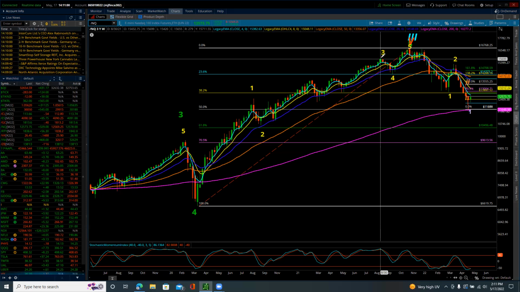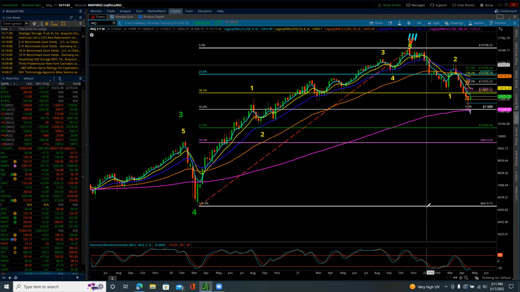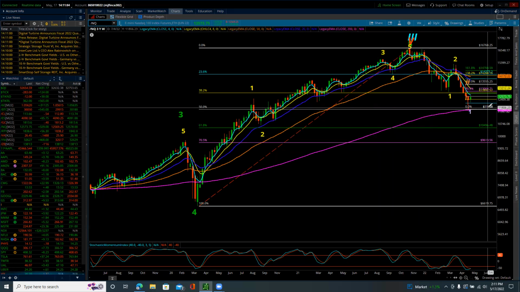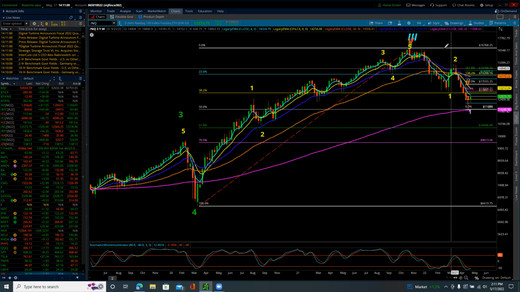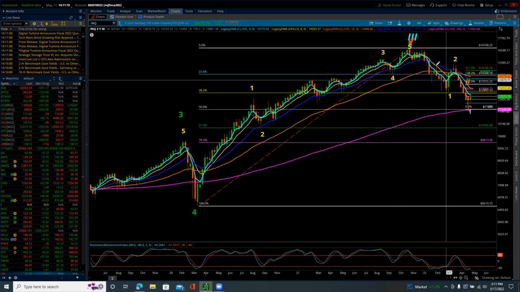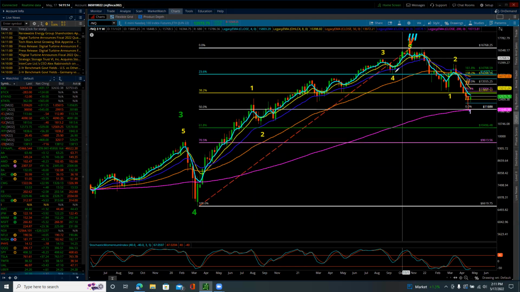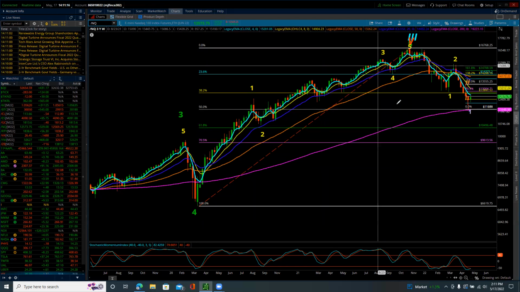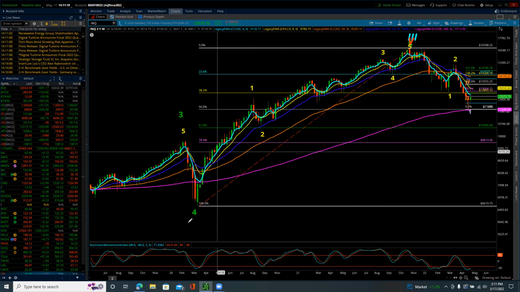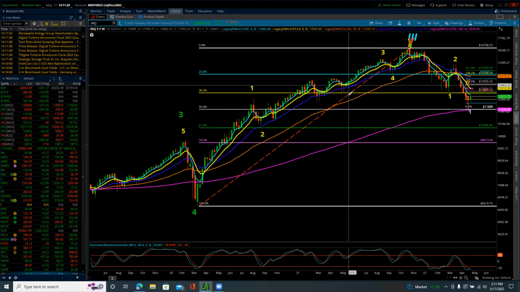Now, if it does it in 5 waves down, then no, I would not be looking for new highs out of the bounce. But it could come all the way back up and retest all these levels up here. From a low of there, it still can come up at least 50 to 62% of what we just did. They come back and they want it back. There will be so much play, ladies and gentlemen.